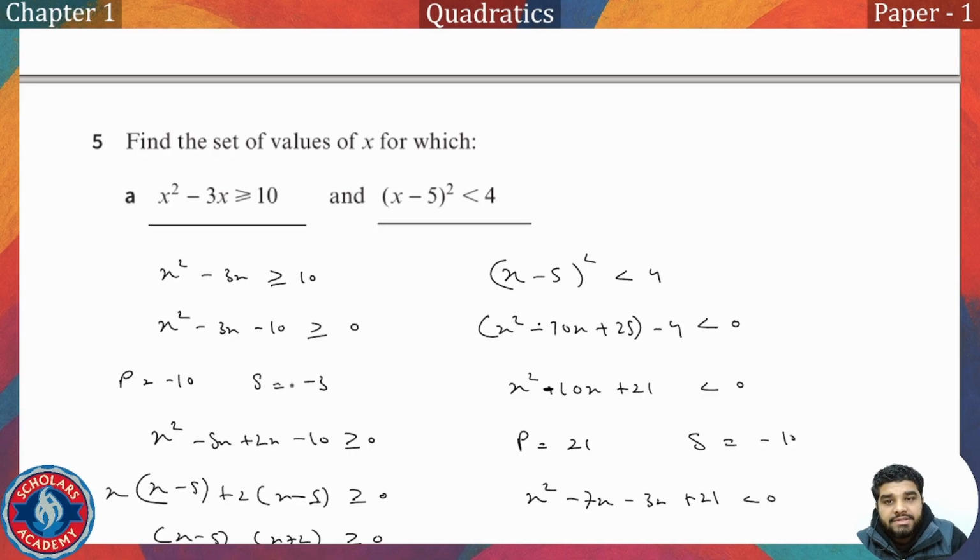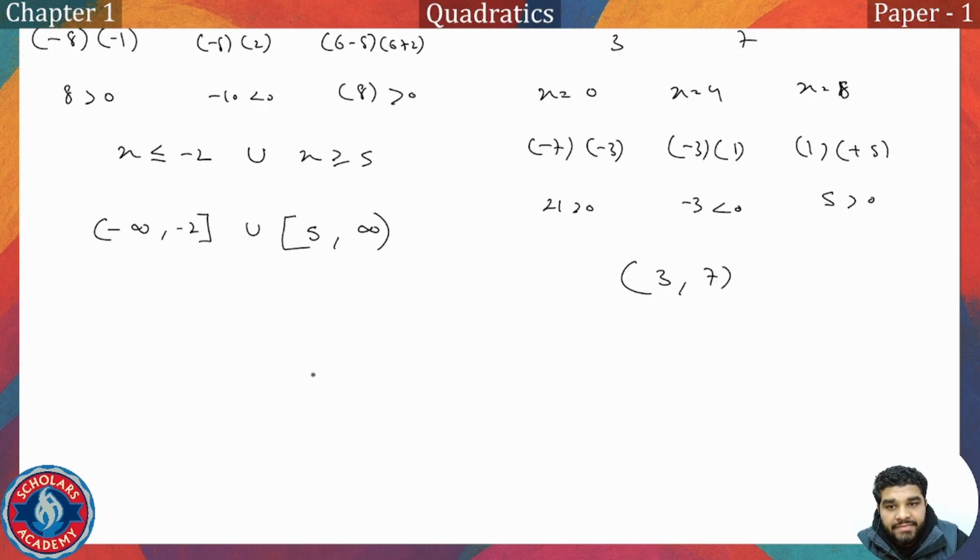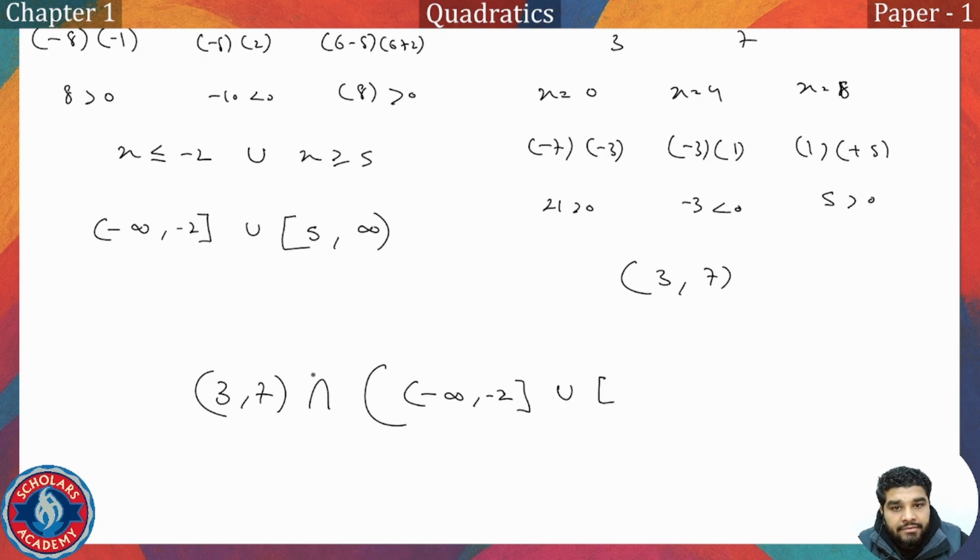Now the set of values of x for which x satisfies both the inequalities. For both the inequalities we need the intersection. So (3, 7) intersection with (minus infinity, -2] and [5, infinity).